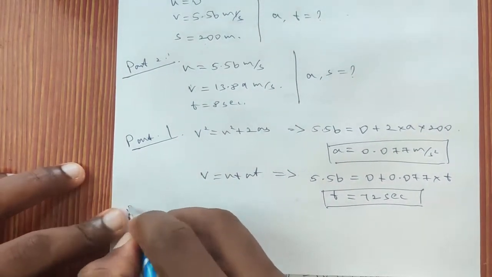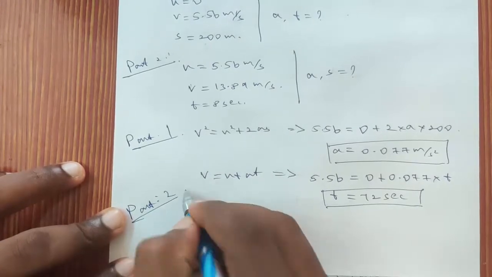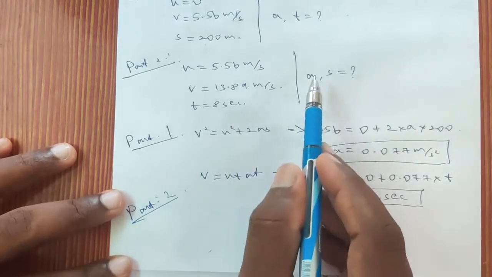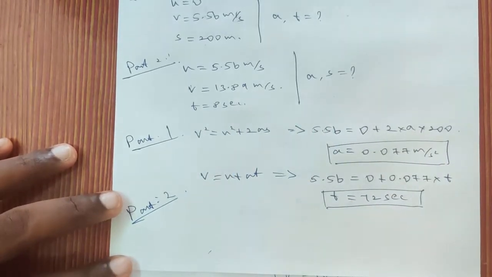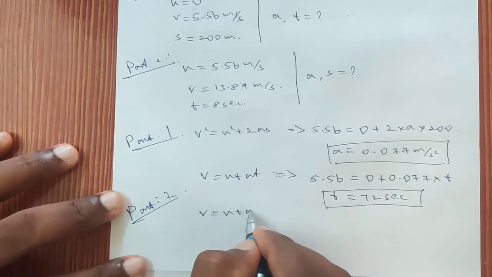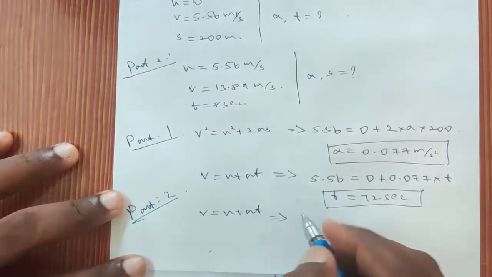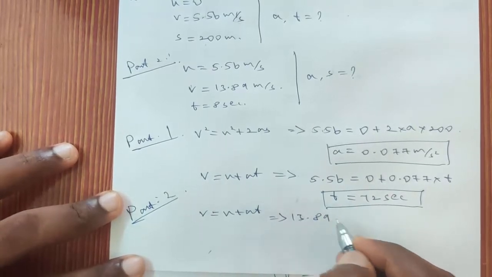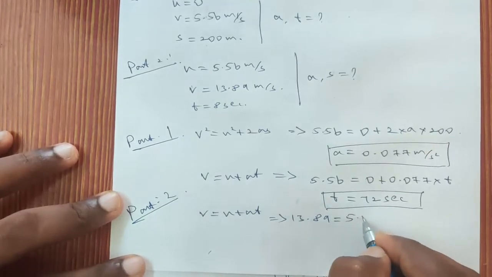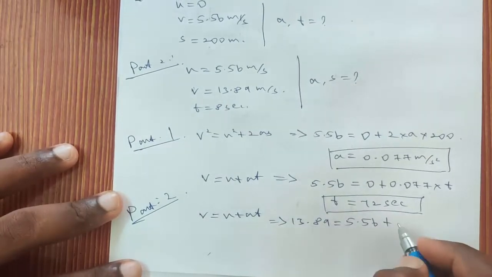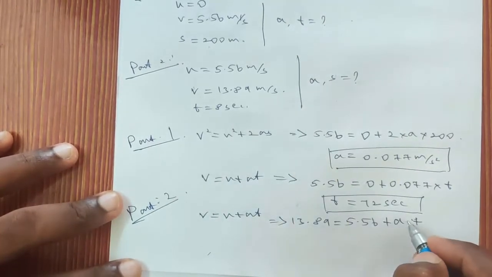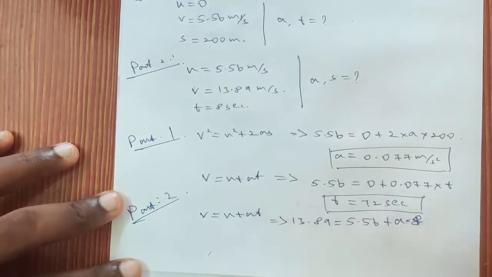Then consider part 2. In part 2 we have u, v and t, and we have to calculate a. If you use the first equation, that is v is equal to u plus at, v is 13.89, then u is 5.56, a we have to calculate, then a into t, which is given, it is 8 seconds, into 8.